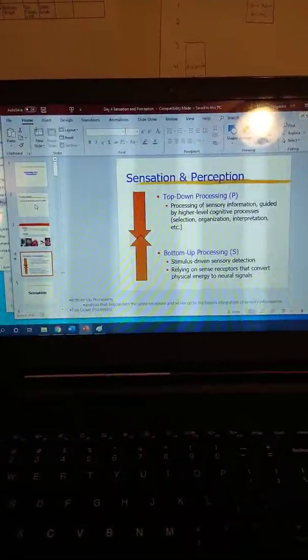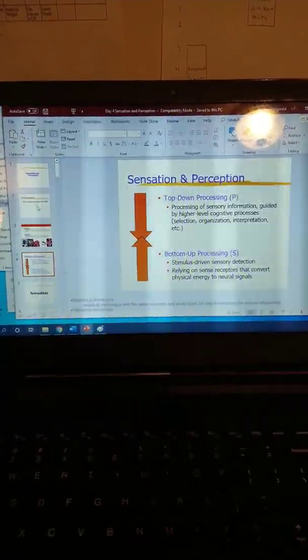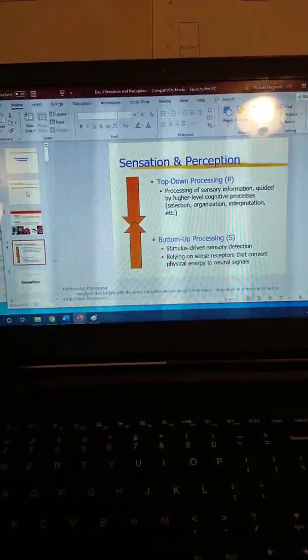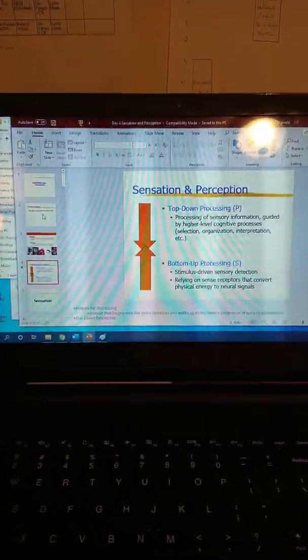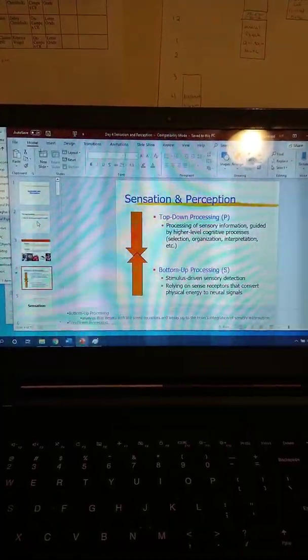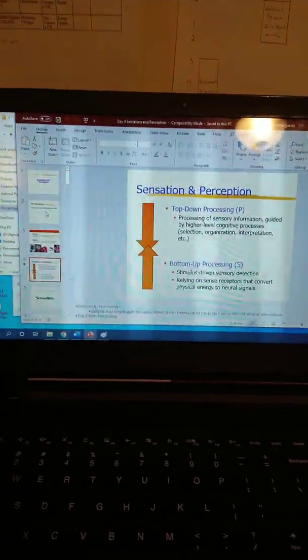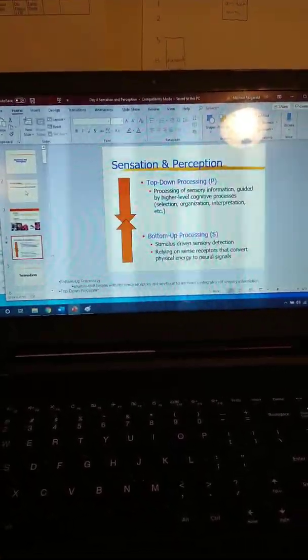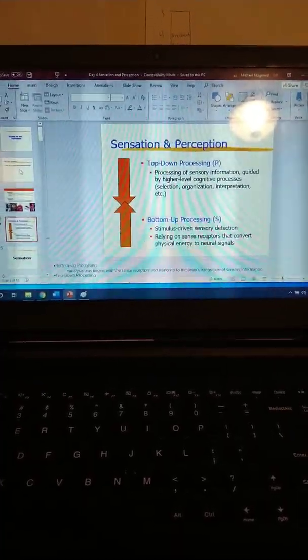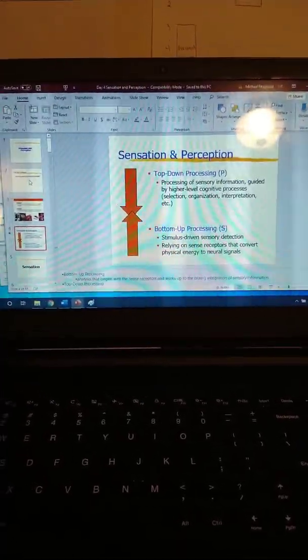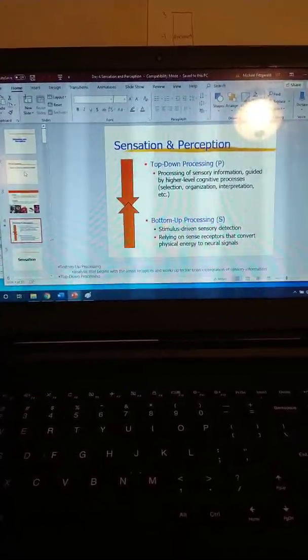So when it comes to the act of sensation and perception, top-down processing and bottom-up processing talk about what kind of drives things forward, which comes first. And in either of these cases, it talks about how one can be more in the driving seat than the other.